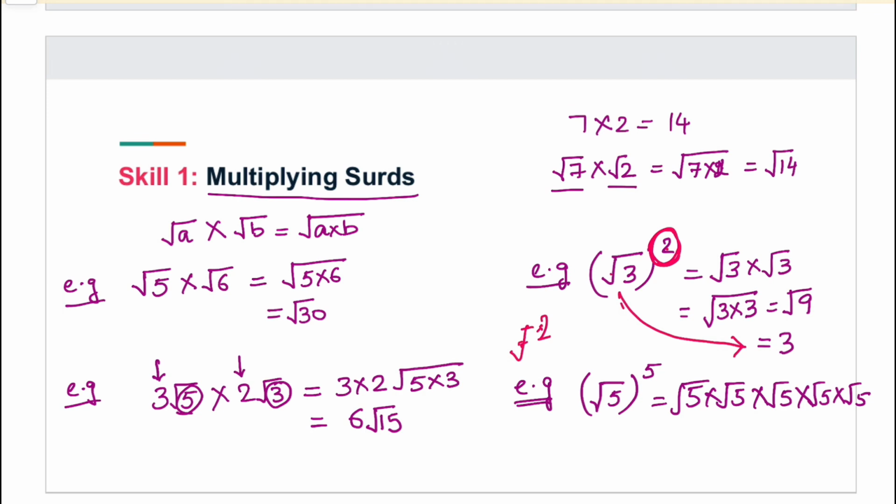So in this case, we have 2 pairs of square roots here. Square root of 5 times square root of 5 becomes 5, times another square root of 5 times square root of 5 becomes 5, times you are left with square root of 5. So that gives you 25 square root of 5.